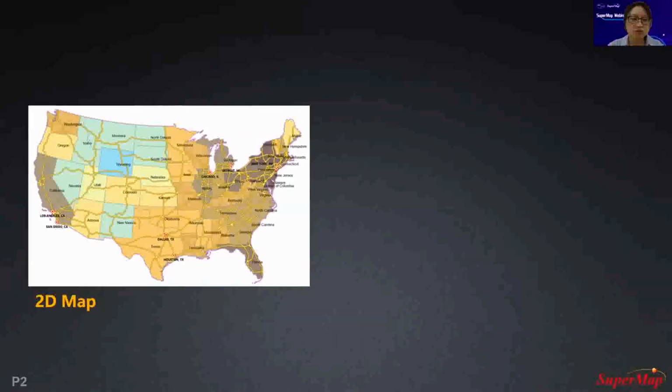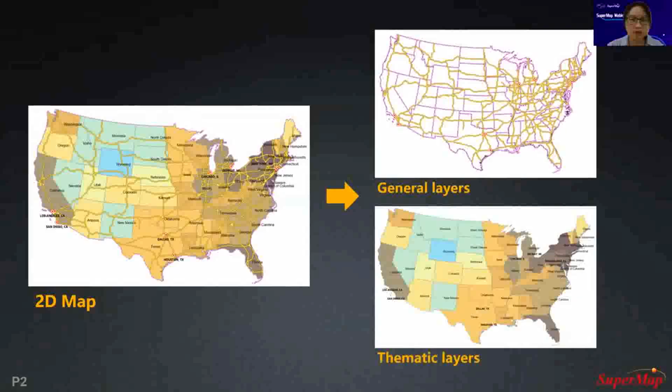If you want to make a 2D map like this, the 2D map is composed of general layers and thematic layers.